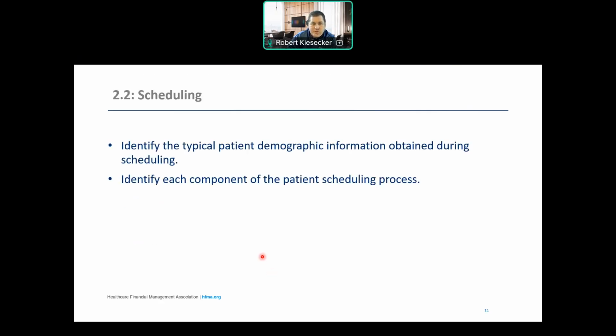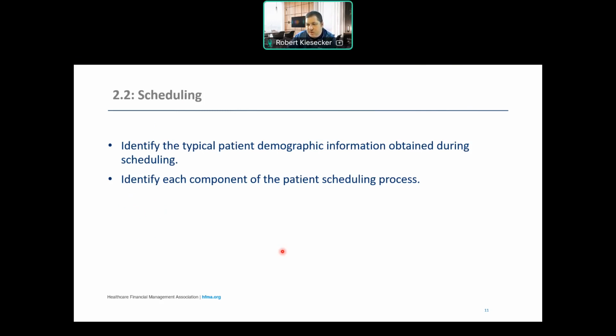All right, 2.2 scheduling. So some of the key points within scheduling: we're going to be looking at identifying the typical patient demographic information obtained during scheduling. We're going to identify each component of the patient scheduling process.